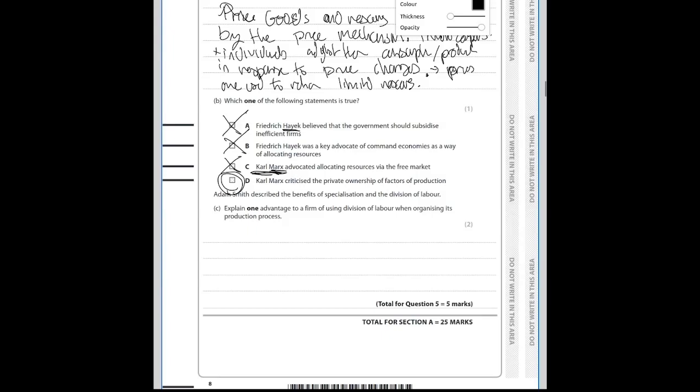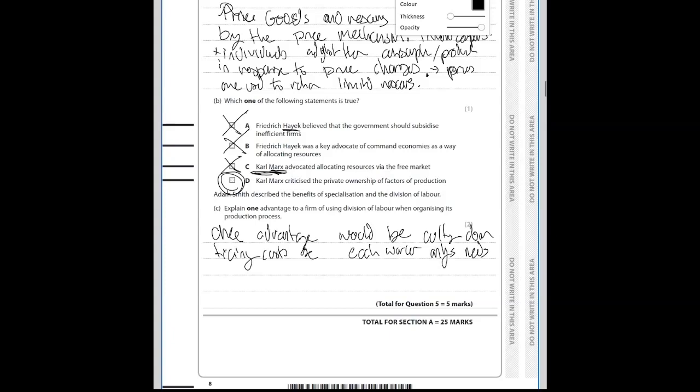Let's go with one advantage. My handwriting is stunning as always. One advantage would be cutting down training costs, as each worker only needs to be trained in one task.